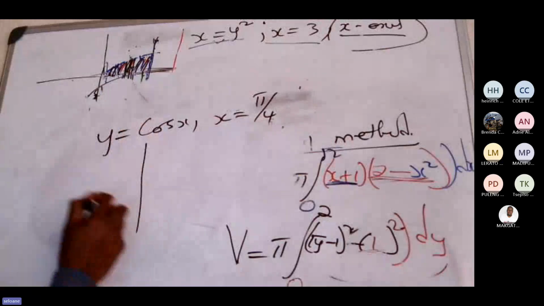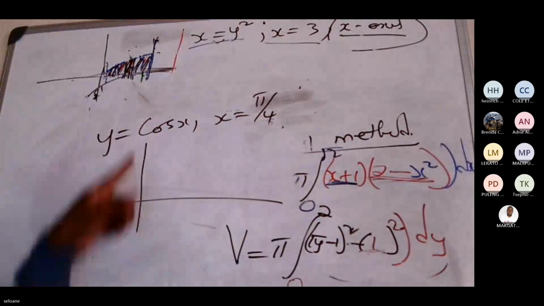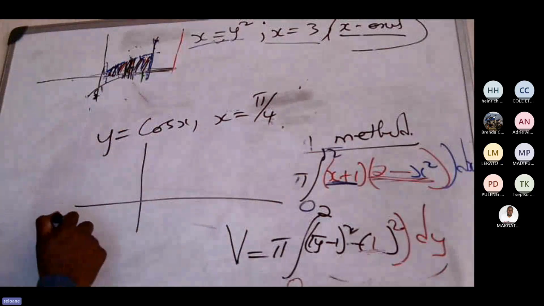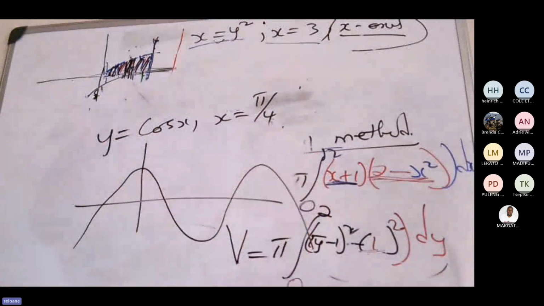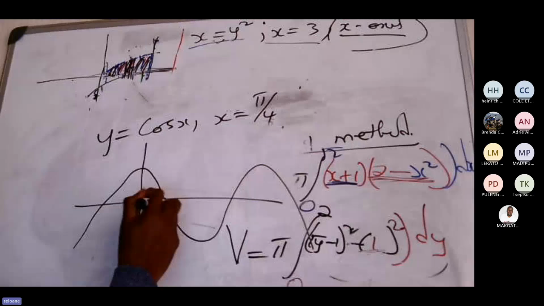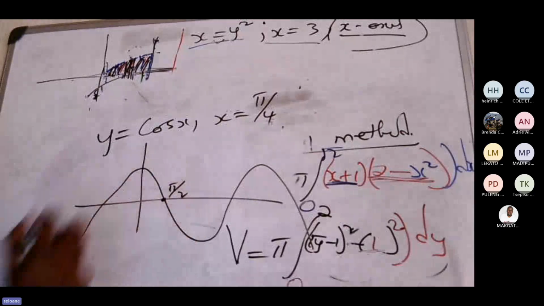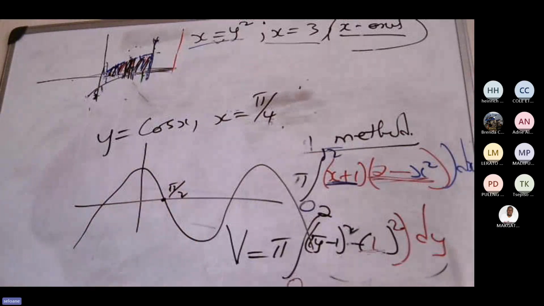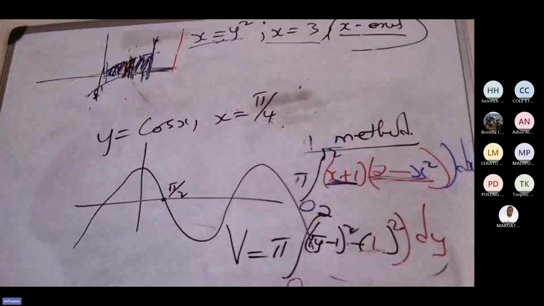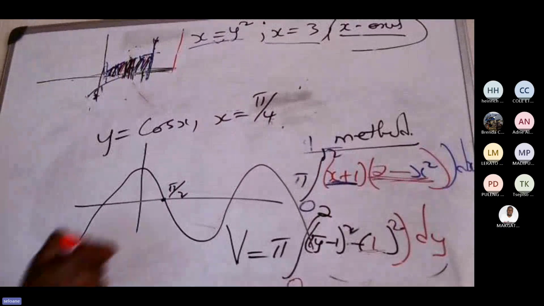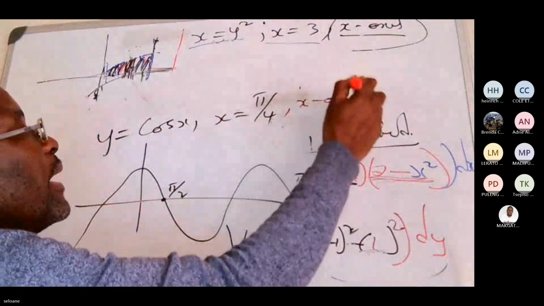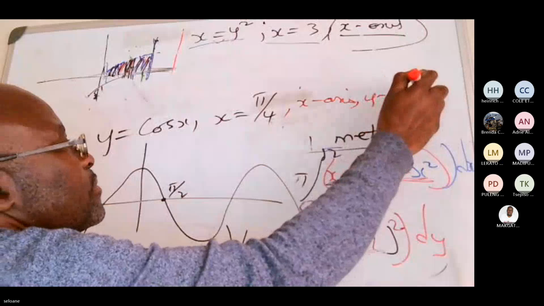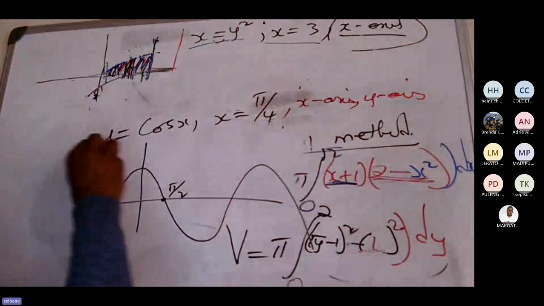Then you have to sketch this. y equal to cos x, we know is this, and here we know is pi over 2. Now it's enclosed by this and, say, the x-axis and the y-axis.